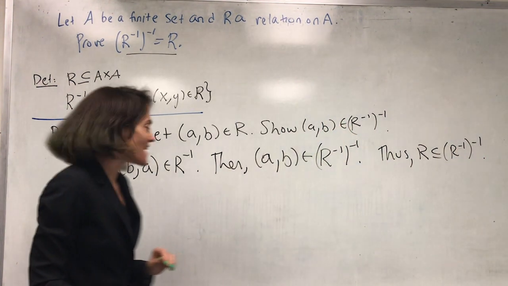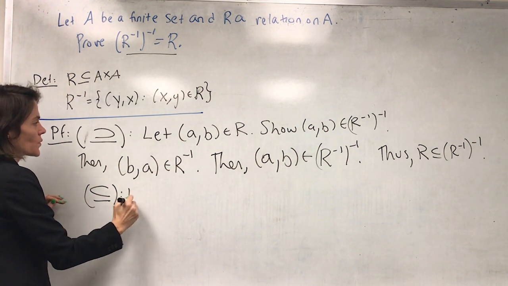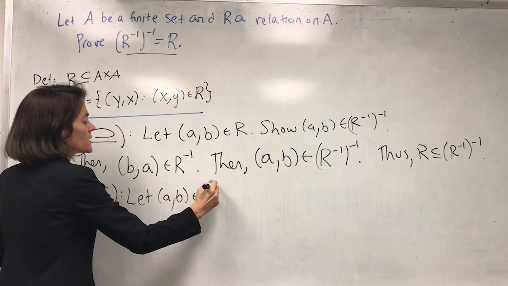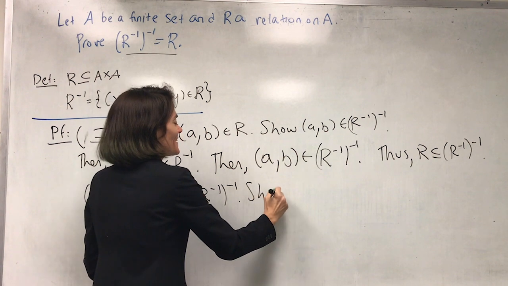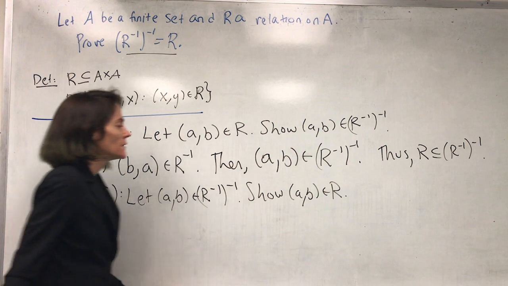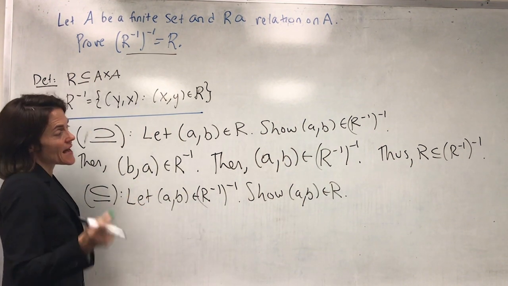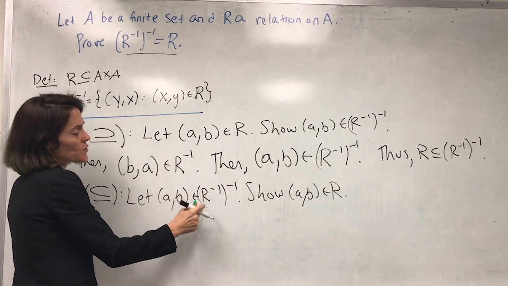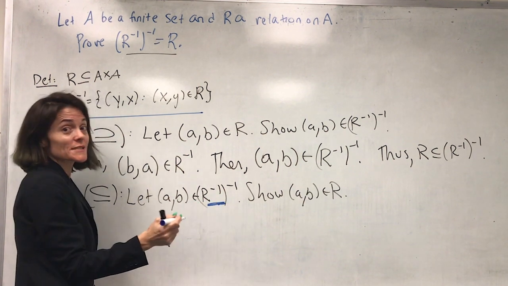Now we must do the other direction, which is this way. So we let (a, b) be in R inverse, and we need to show (a, b) is in R. Well, it's almost the same idea as the other direction. We can first unravel this. R inverse is a relation.